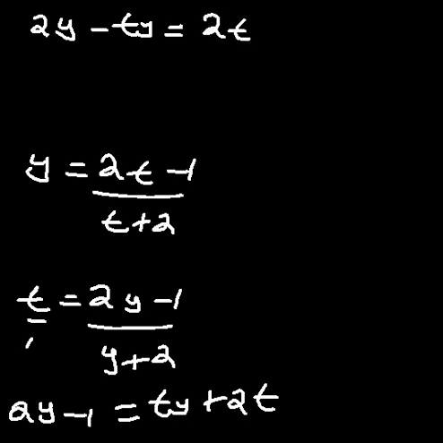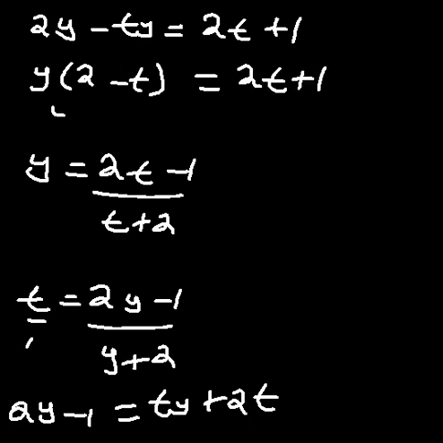You have 2t and plus 1. So now we have y times (2 minus t), which is equal to 2t plus 1. So which means we'll have y given as 2t plus 1 over 2 minus t.